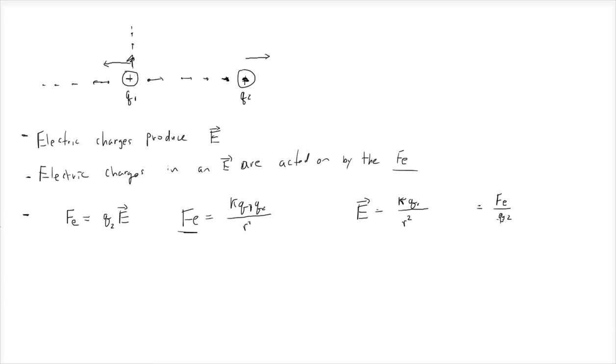The electric field tells you how much force should be put on you if you're a charge in that electric field. If the electric field is really strong, you experience a strong force. The higher your charge, the higher the force, and that makes sense. The smaller your charge, the weaker the force. Likewise, if you're at a point where there's a weak electric field, there will be a weak electric force.